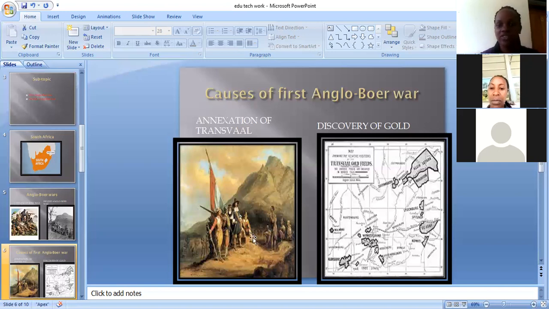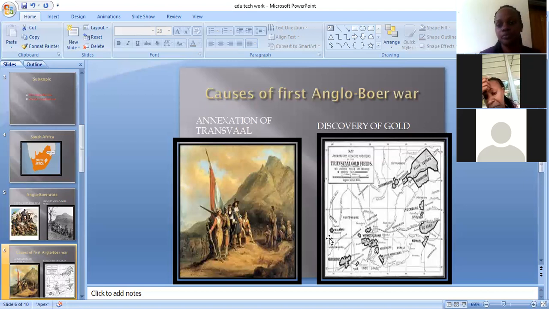So, Angela, can you please help us and explain what you're seeing in the diagram for the annexation of Transvaal once again? Okay, according to what I see, there are two groups of people, and one group is trying to amalgamate a part which does not belong to them.